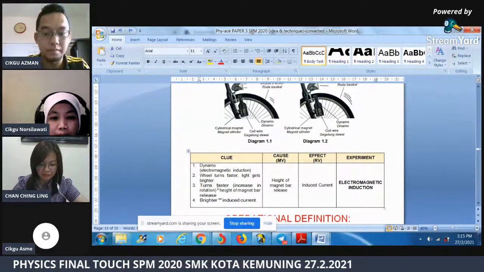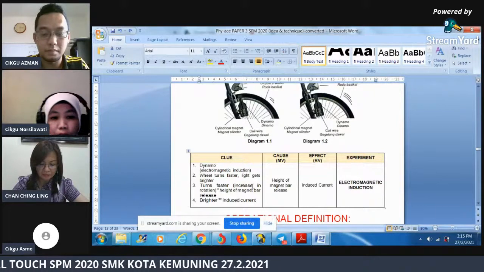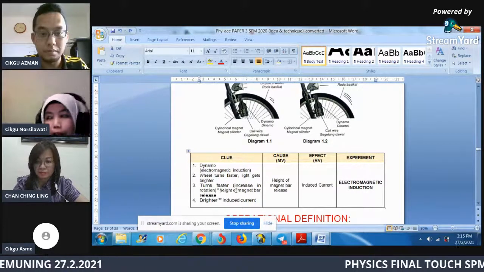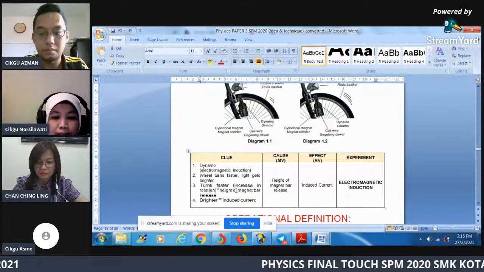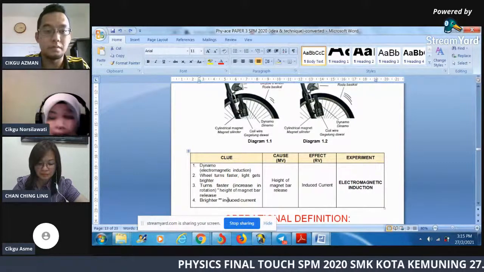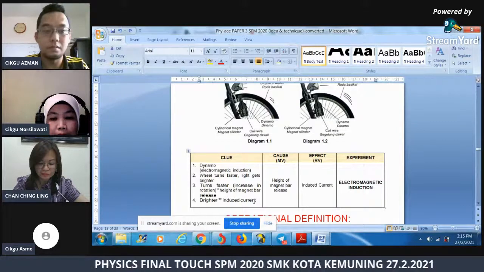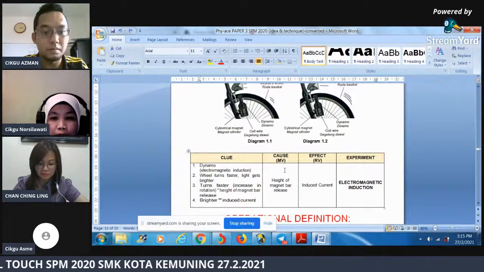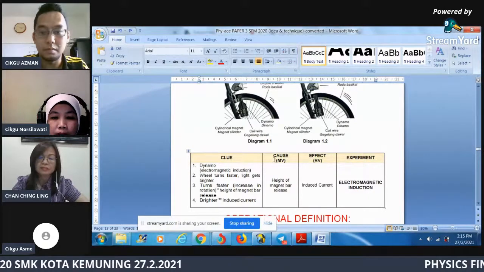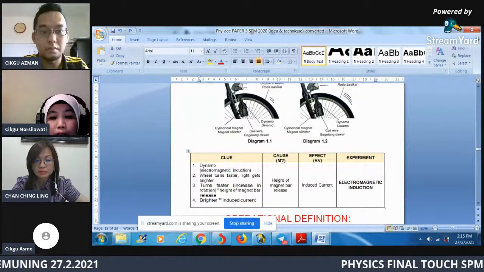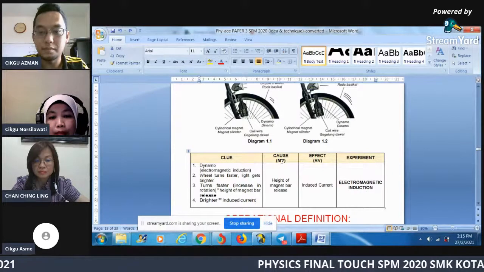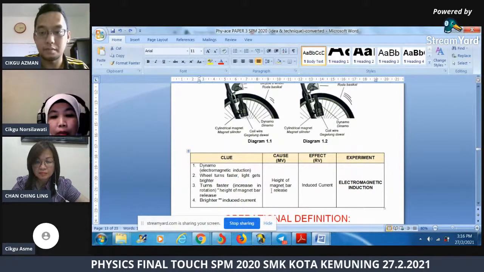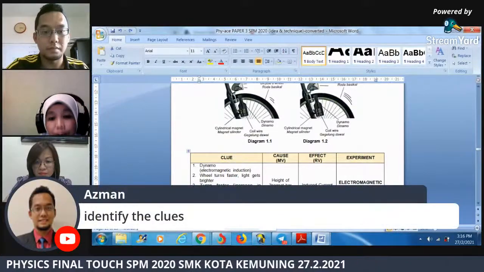Turning faster means you increase the rotation, which can be defined as the height of the magnet bar released. Brighter means the amount of induced current produced. The cause is the manipulated variable, MV, the height of the magnet bar released. This is what we call the operational definition.